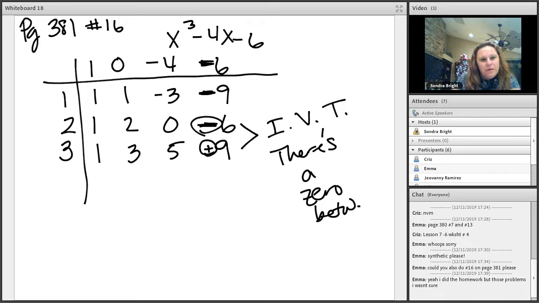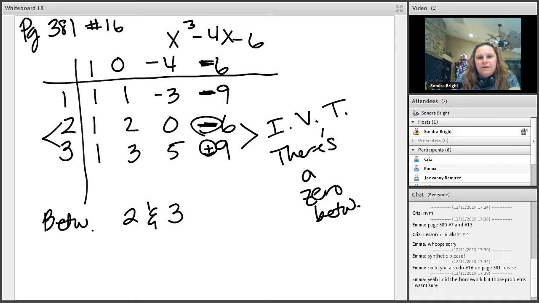Right? So in between here. So between 2 and 3, there is a zero. And 3 is an upper bound because it's positive. We're going positive, positive, positive, positive. So upper bound. So you wouldn't try 4 or anything bigger than that.